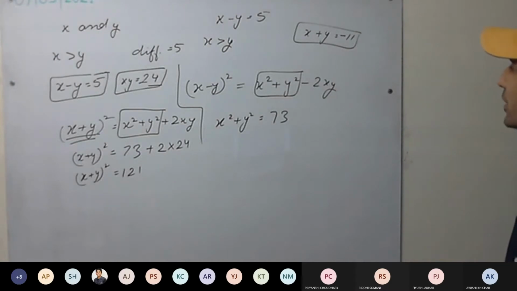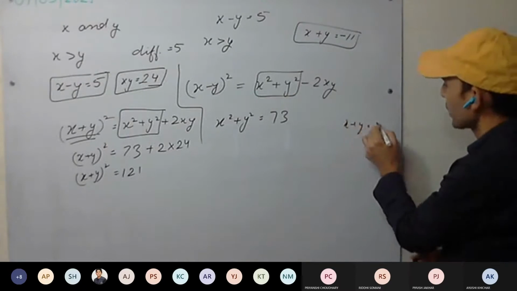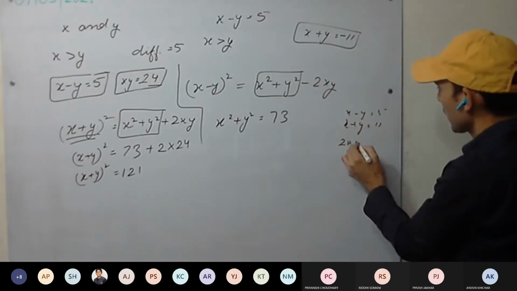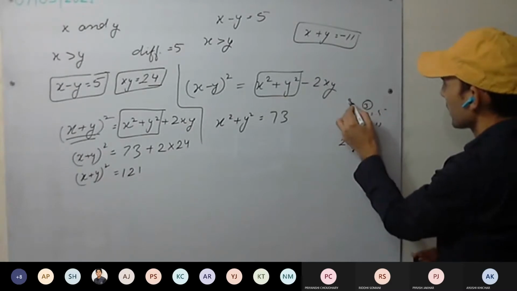If we take 11: x plus y equal to 11, x minus y equal to 5, 2x equal to 16, x equal to 8, y equal to 3.